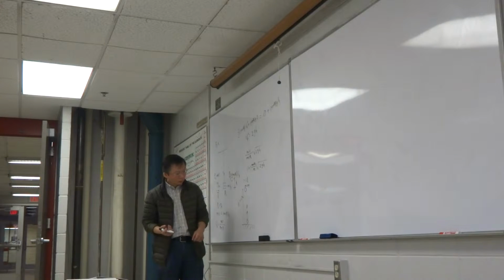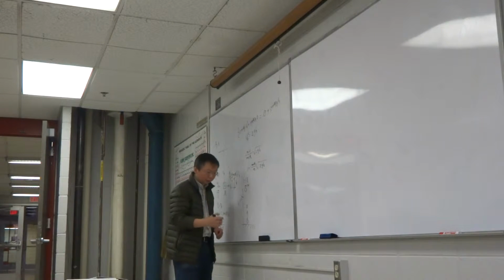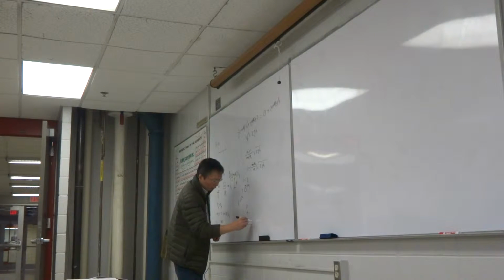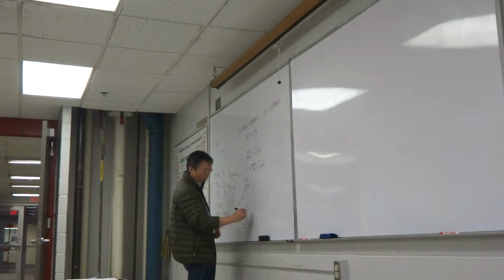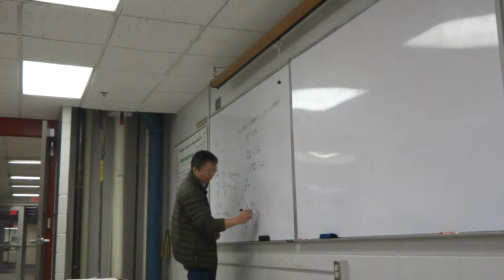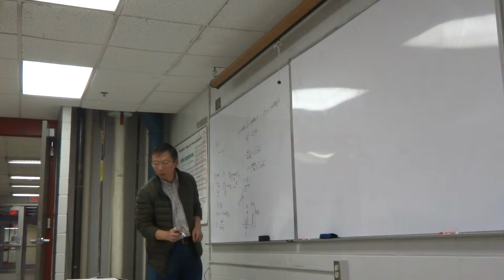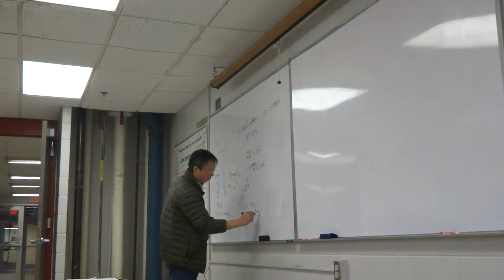Then the ball will bounce up with the speed v2 here. Before the ball hits the ground, the speed is v1 down there. Then the ball will go to the height h2, which is 0.85 meters.